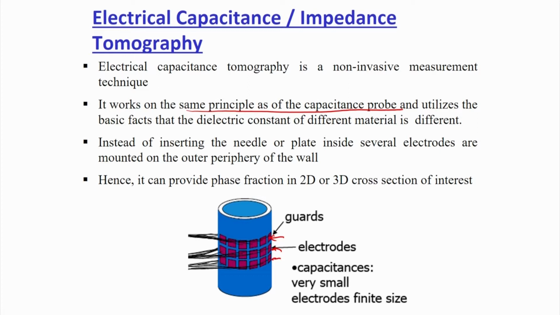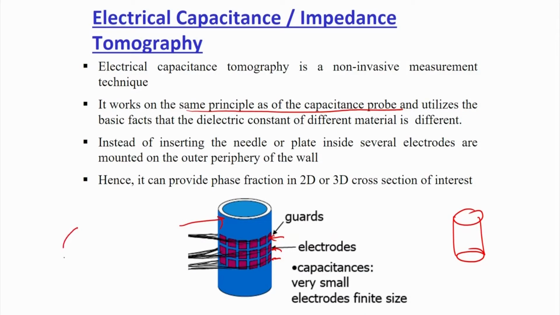Suppose this is your process vessel, and you put different electrodes here. Some electrodes will be sensing electrodes, some will be grounding electrodes. The current will pass between them if they are connected, and depending upon how much current passes, it depends on what phases are present on that side. And now you are using a spectrum of electrodes.